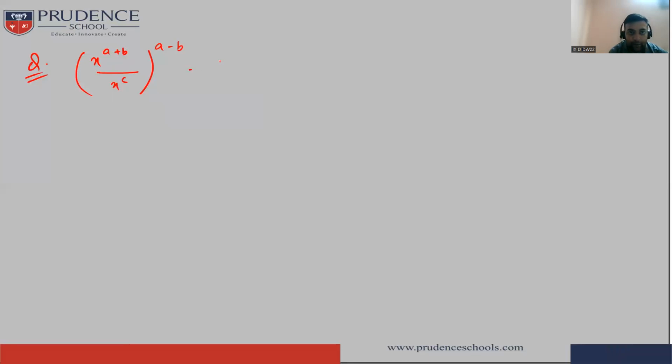Multiplied by x raised to power b plus c upon x raised to power a, whole raised to power b minus c. Similarly, multiplied by x raised to power c plus a upon x raised to power b, whole raised to power c minus a. So if we multiply the powers here, you will get x raised to power a plus b into a minus b.